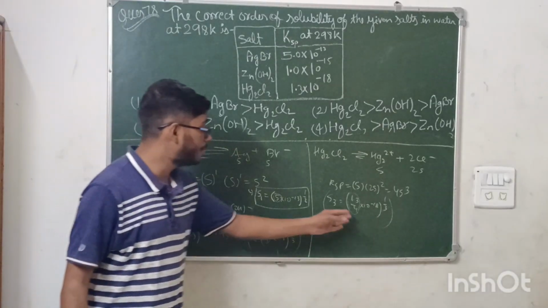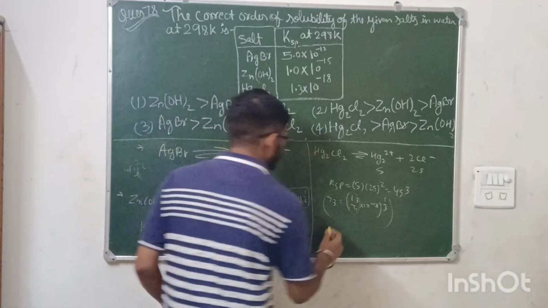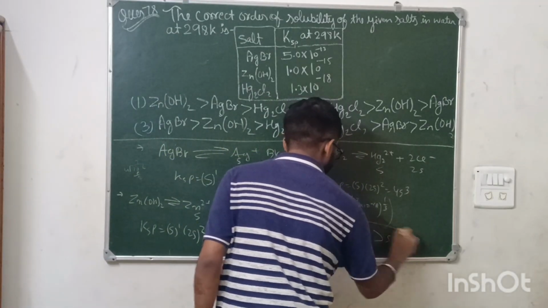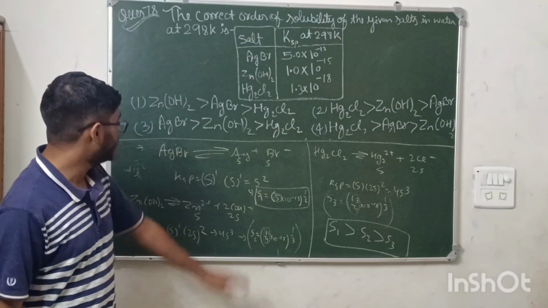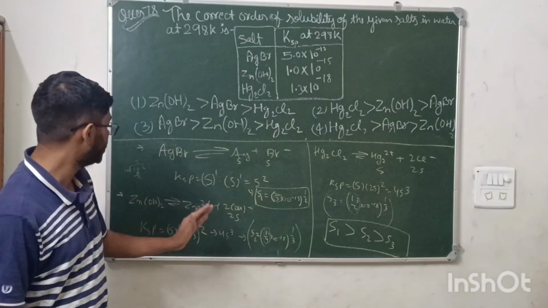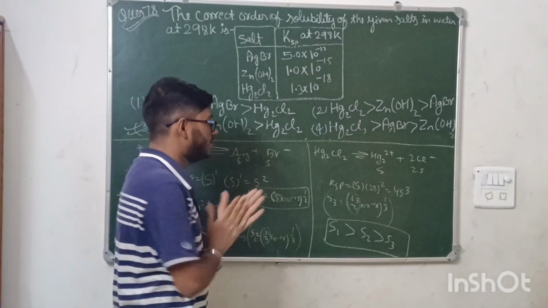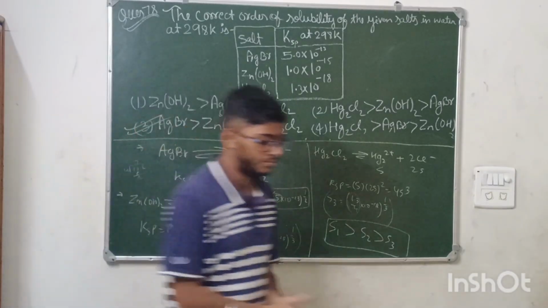Means this number will be the smallest. So the solubility order is S1, S2 and S3. S1 is for AgBr, S2 is for Zn(OH)2, and the answer is option number third. Simple. So this was the question. Now moving on to the next question.